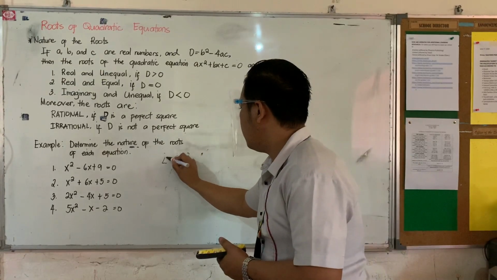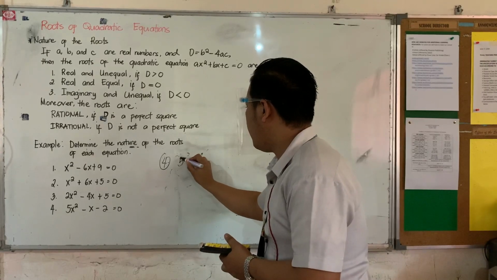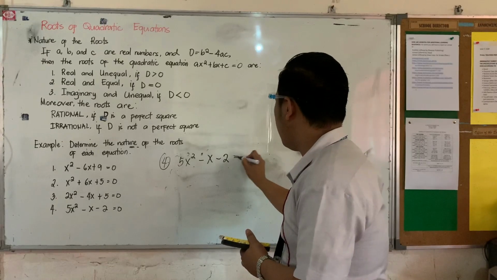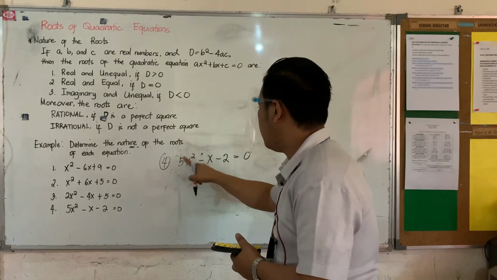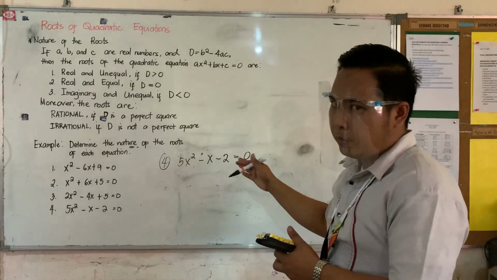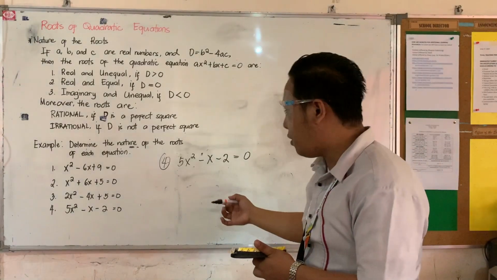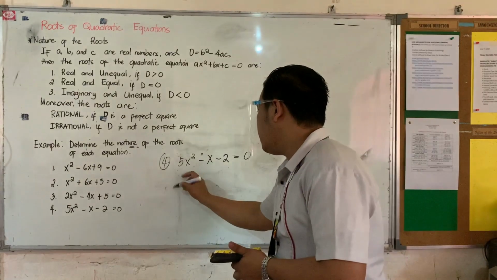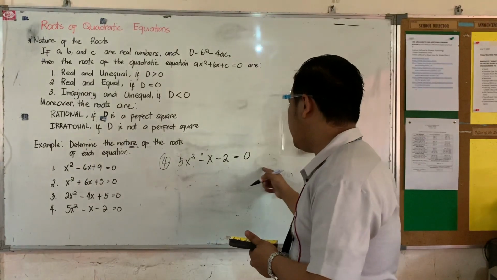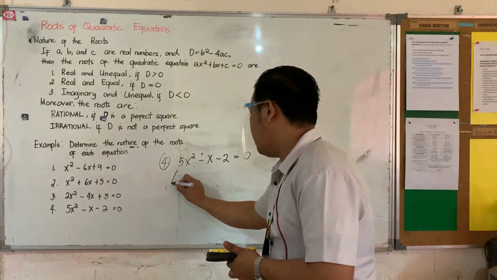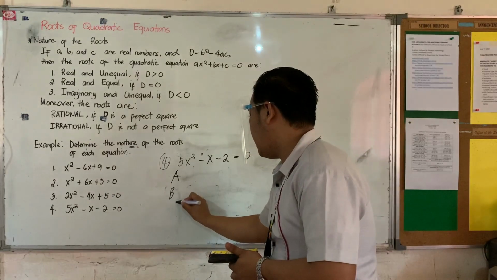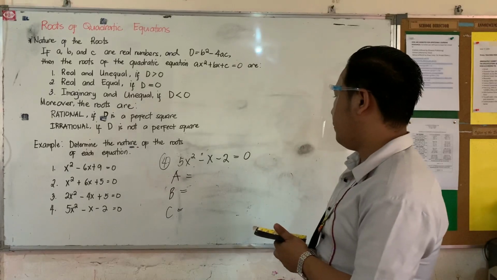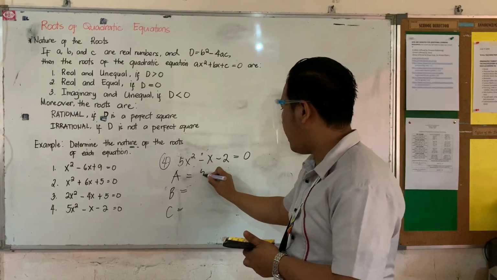Okay. So number 4, we have 5x squared minus x minus 2 equals 0. Okay, so same procedure. Take a look with the equation if it's in standard form. Otherwise, we need to arrange it in its standard form. So since the equation number 4 is in its standard form, let's proceed now to identifying the values of A, B, and C. Okay, so our A is 5.